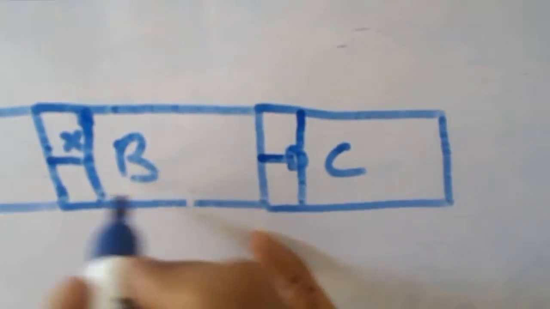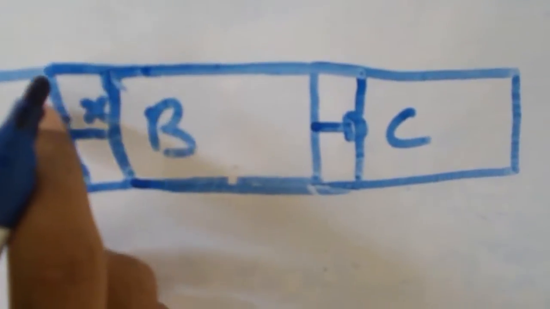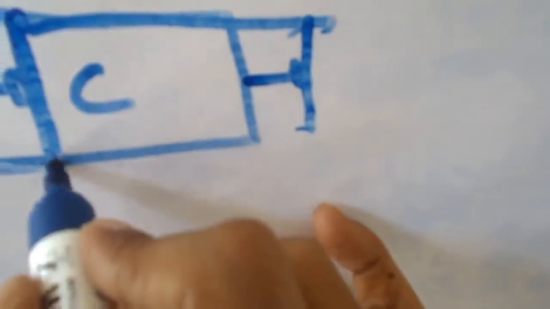So if this moves X, this side of A will also move by X, and this side of B also moves by X because these are touching each other. This will also move by X, and this side of C is here.